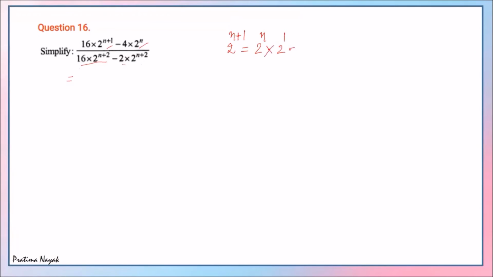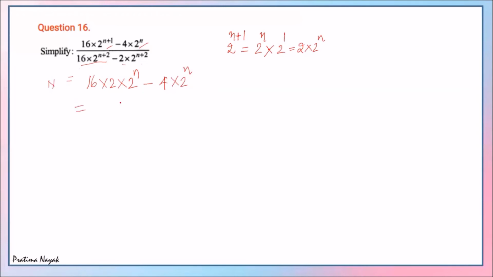So this is the same as 2 into 2 to the power n. So in the numerator, it will be 16 into 2 into 2 to the power n minus 4 into 2 to the power n. I am writing only the numerator.